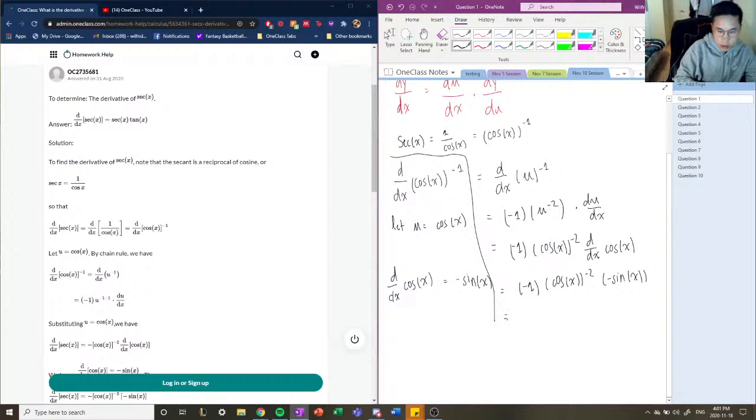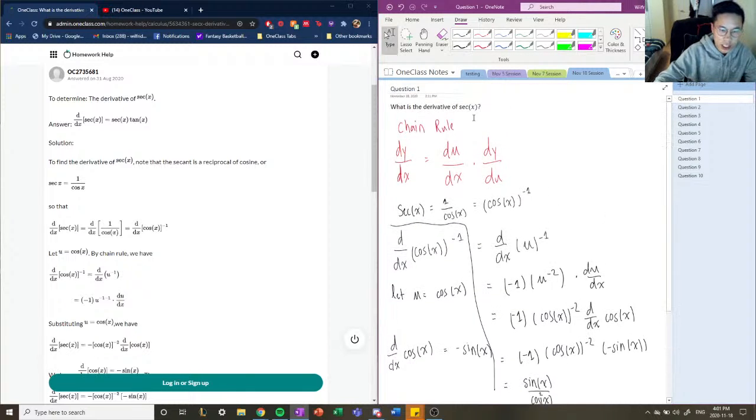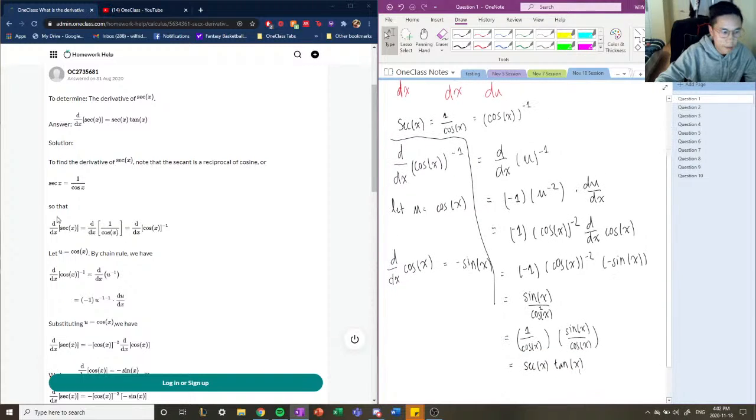If we simplify this, we get sine x over cos squared x, and we can also write it as 1 over cos x times sine x over cos x. Sine x over cos x is just tan x, and 1 over cos x is secant x, so we just get secant x times tan x as our final answer. So the derivative of secant x is secant x tan x.